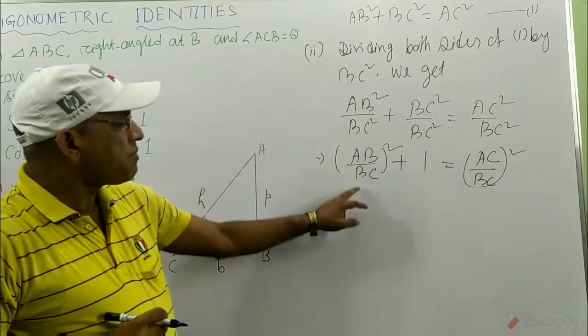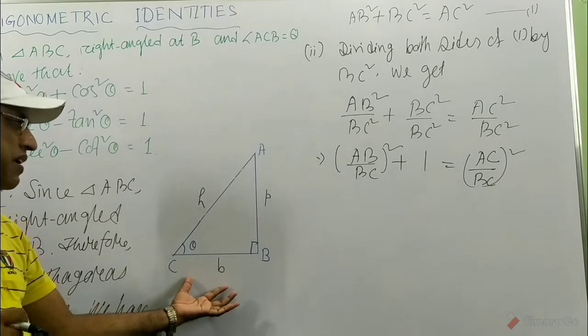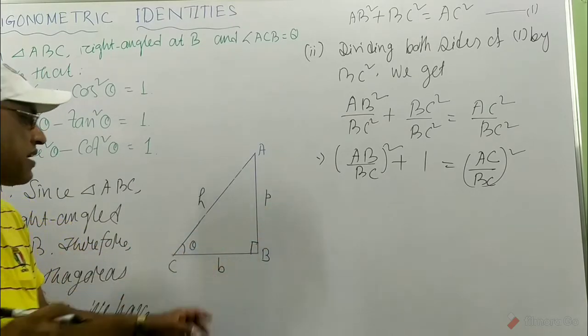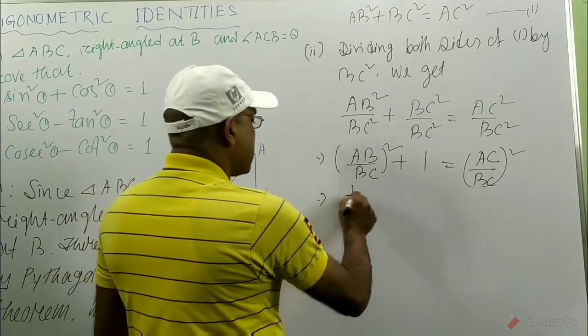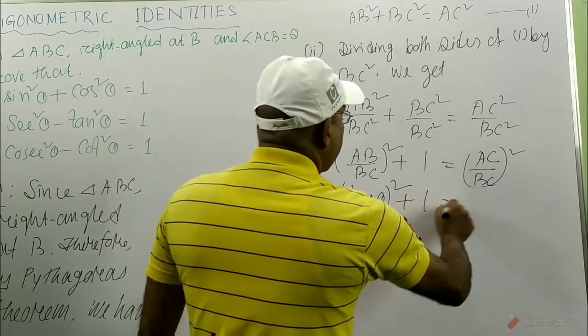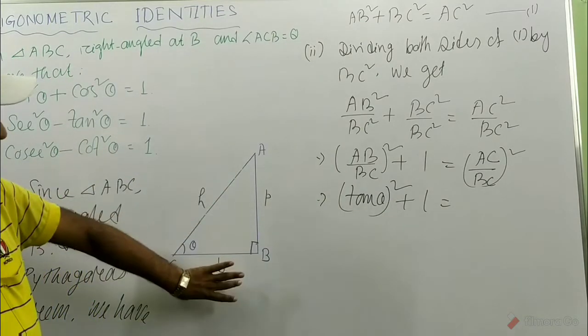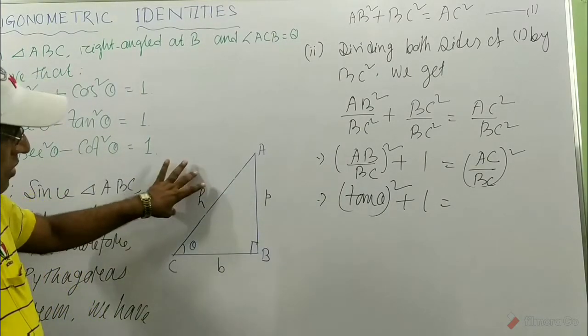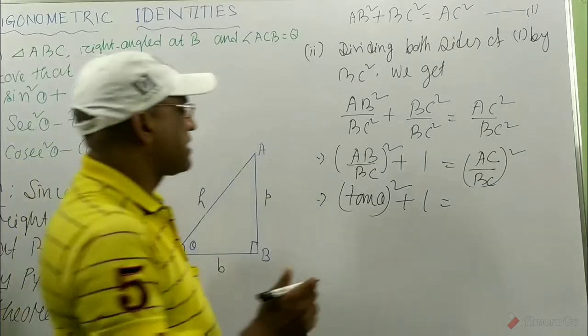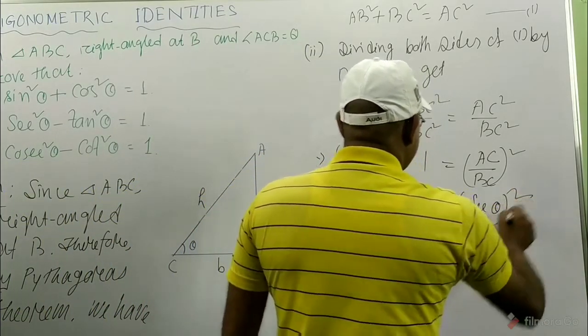Now AB by BC, AB means perpendicular, BC means base, perpendicular by base means tan theta. And AC by BC, AC means hypotenuse, BC means base, hypotenuse by base means sec theta. So this is sec theta whole square.